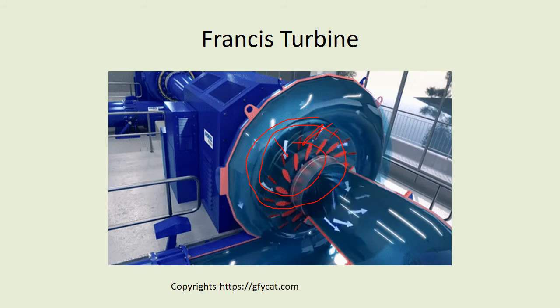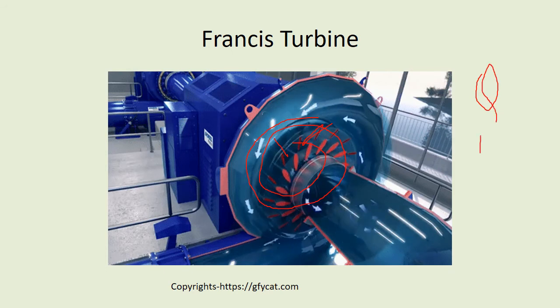So these turbines are most preferred. And regarding the height of the dam and the Q, it is preferred for both medium head as well as medium flow rate. Okay, so in the middle, it is preferred. So this is the most preferred turbine.